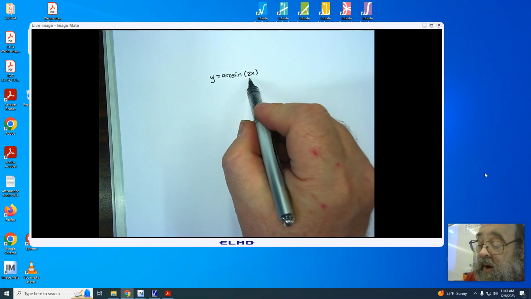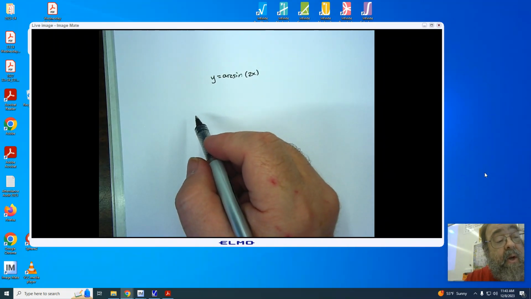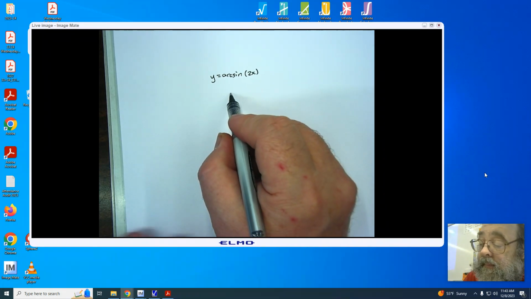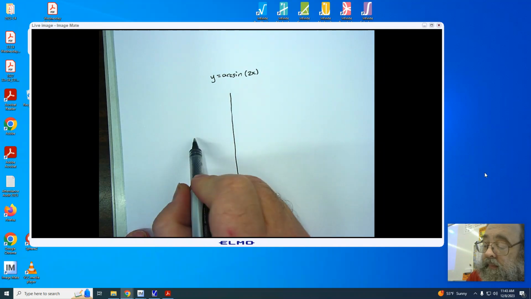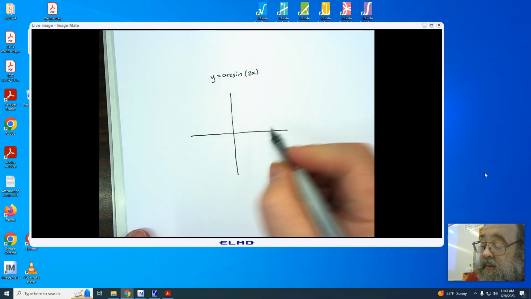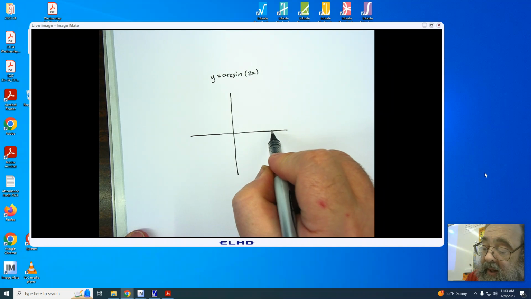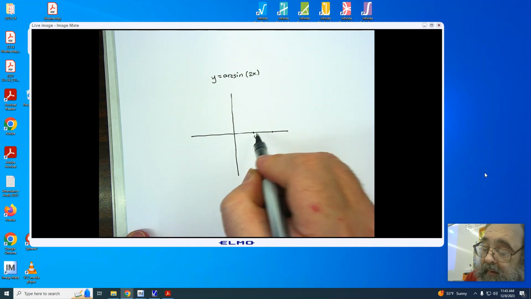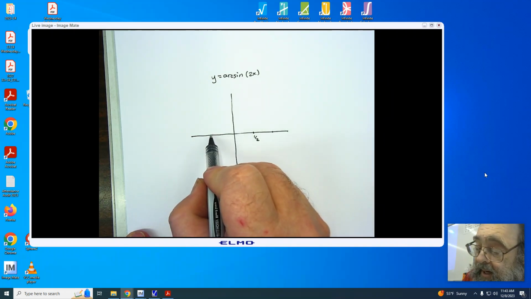So notice we're now talking about those middle values being multiplied by 1/2. So instead of going to 1 all the way out here, we're now going to go to 1/2. And we're going to go to negative 1/2.